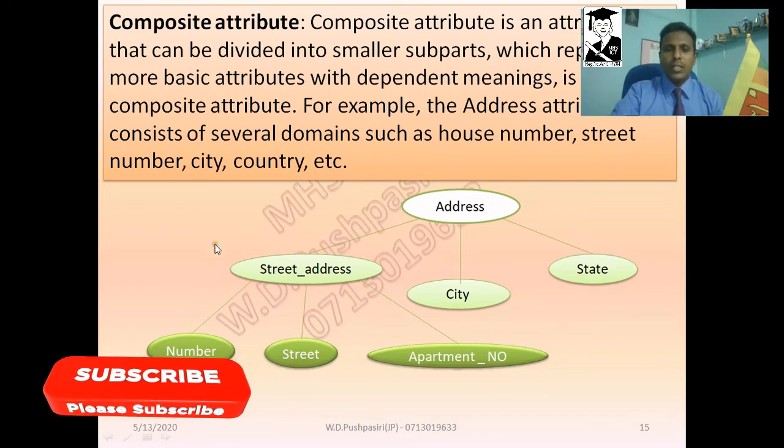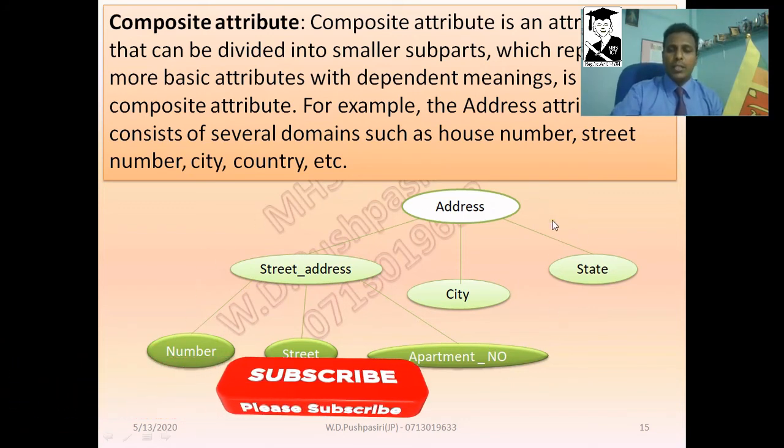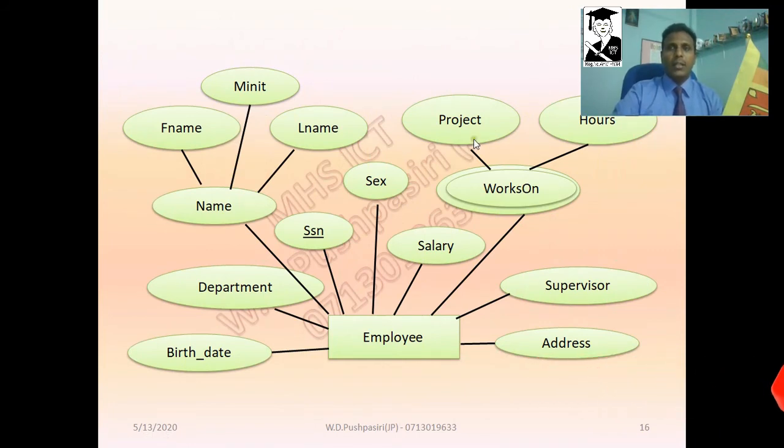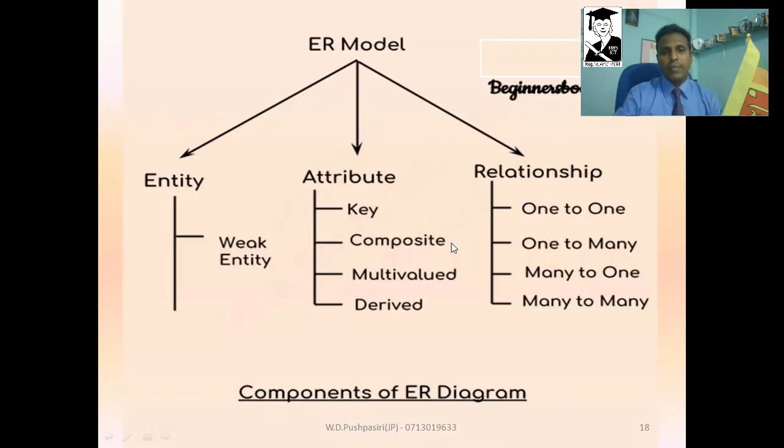So these are called composite attributes. This is the very basic example of an ER diagram. Now there is an entity, and from the ER diagram there are many attributes you can see here. This is the normal basic structure of the ER diagram.